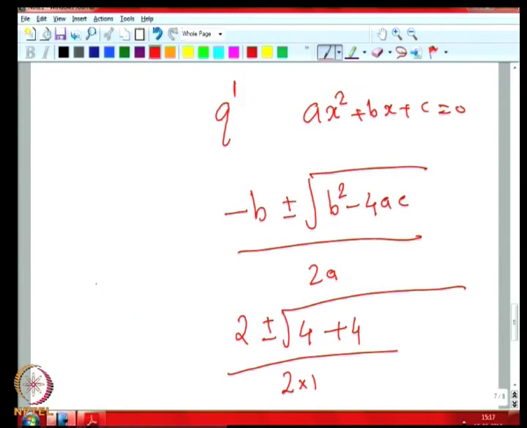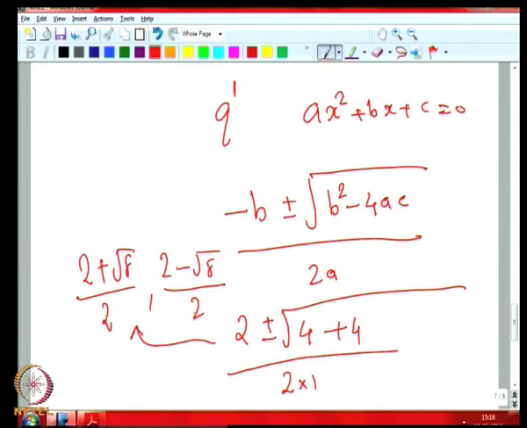So this will be 2 plus root 8 by 2 and 2 minus root 8 by 2. These are the two solutions.